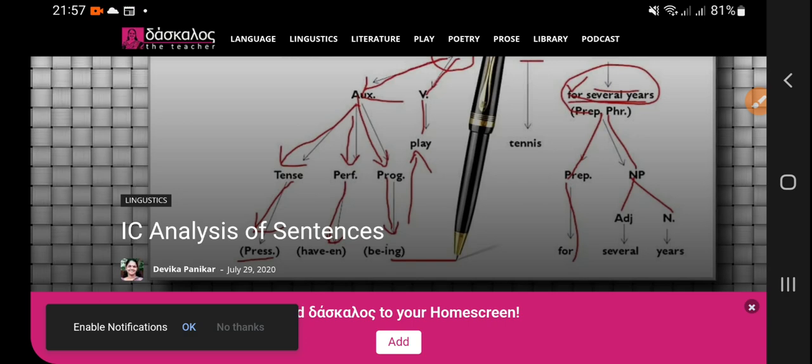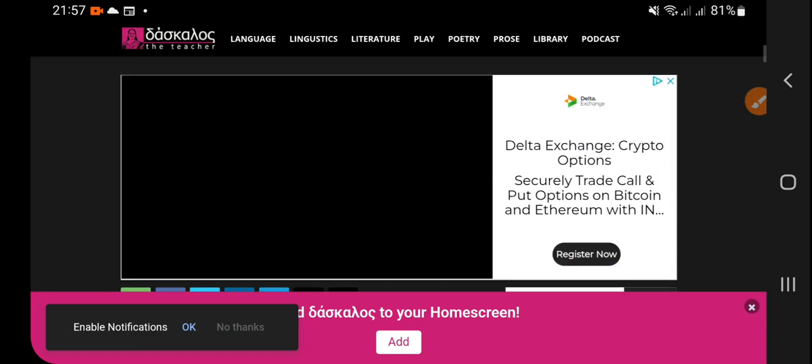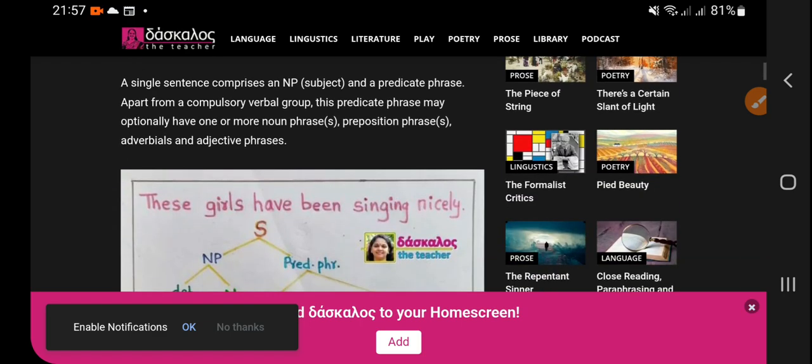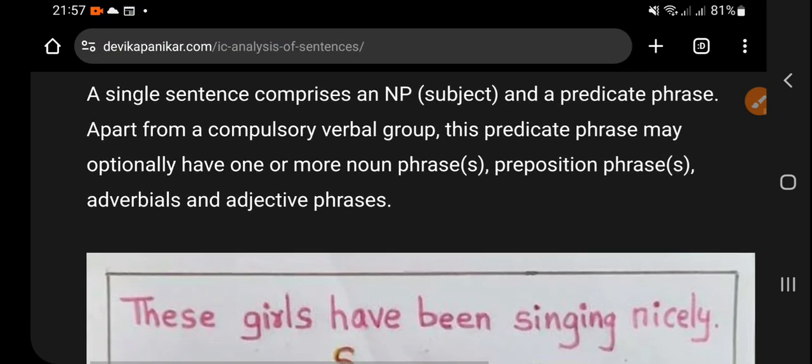So IC analysis, immediate constituents. Finally, the words that are remaining at last are called constituents. So let us see. First of all, a single sentence comprises a noun phrase, the subject, and a predicate phrase. A very important thing is that we should first know the phrase. A phrase is a group of words which does not have a verb.